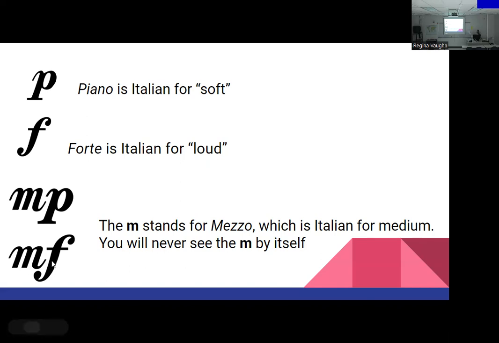If I had my druthers, if I was queen of the world, I would get rid of mezzo piano and mezzo forte altogether because it's so unspecific. And it can be really hard to judge, is that a true mezzo piano? I don't know. You have to compare it to this and to this to know whether or not this is valid.